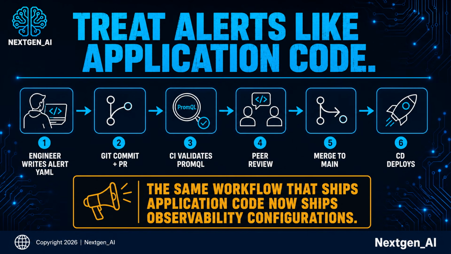Once the PR is approved and merged into the main branch, a CD pipeline automatically detects the change and pushes the updated configuration directly to the Splunk or Prometheus API. This workflow creates an immutable audit trail, enforces peer review, and guarantees that the production alerting state always perfectly matches the code in the repository.